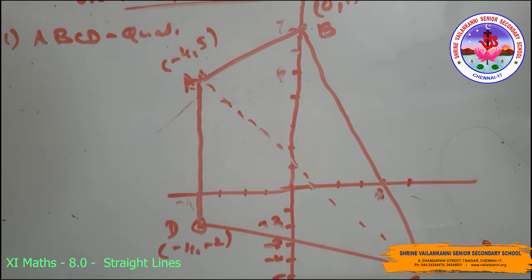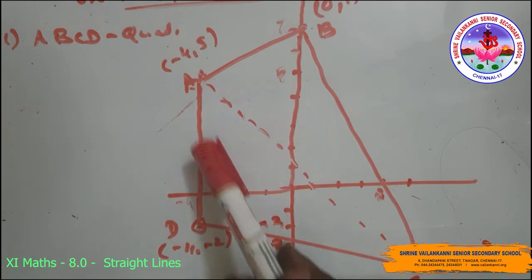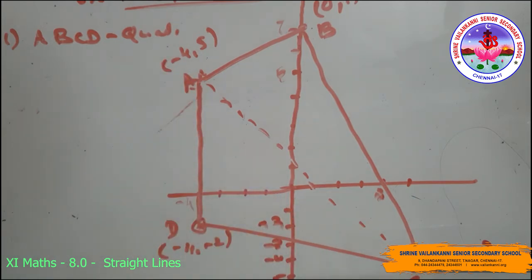By plotting A, B, C and D in the Cartesian plane and joining AB, BC, CD and DA, to find the area of quadrilateral ABCD, we draw one diagonal AC. Accordingly, area ABCD equals area of triangle ABC plus area of triangle ACD.